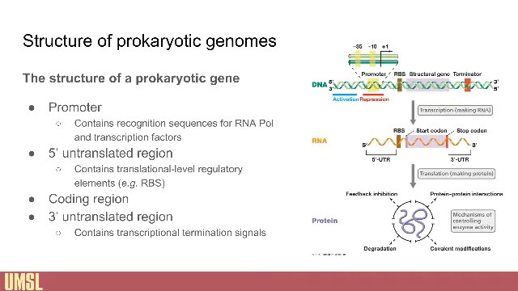There's a 5' untranslated region, and for bacterial mRNA, what this does is transcription begins at the promoter, transcribes through to a terminator, and there's a coding sequence, which is essentially what will ultimately be turned into a protein. And in this 5' untranslated region, or 5' UTR, in bacterial mRNAs, there are signal sequences to instruct the bacterial ribosome where to begin translation of specific reading frames in a gene.